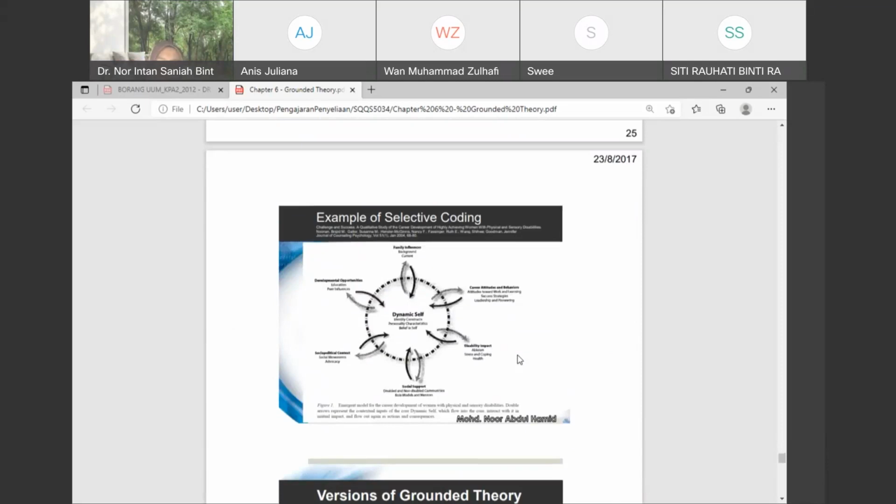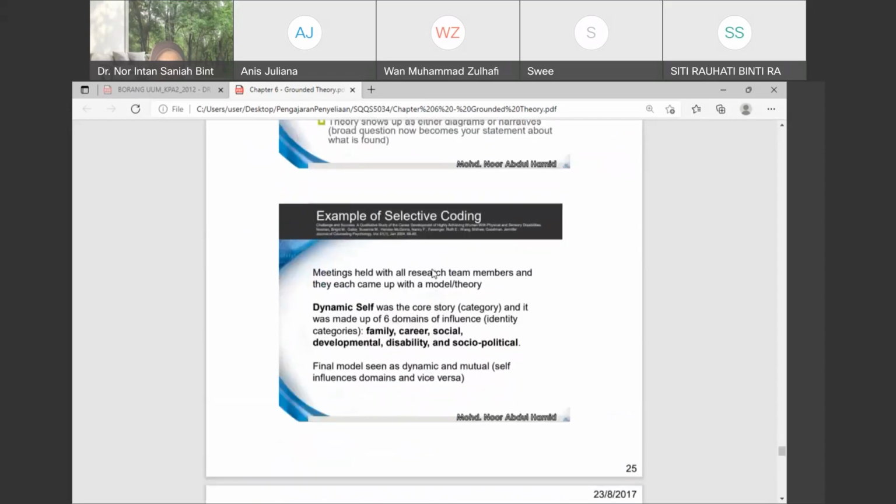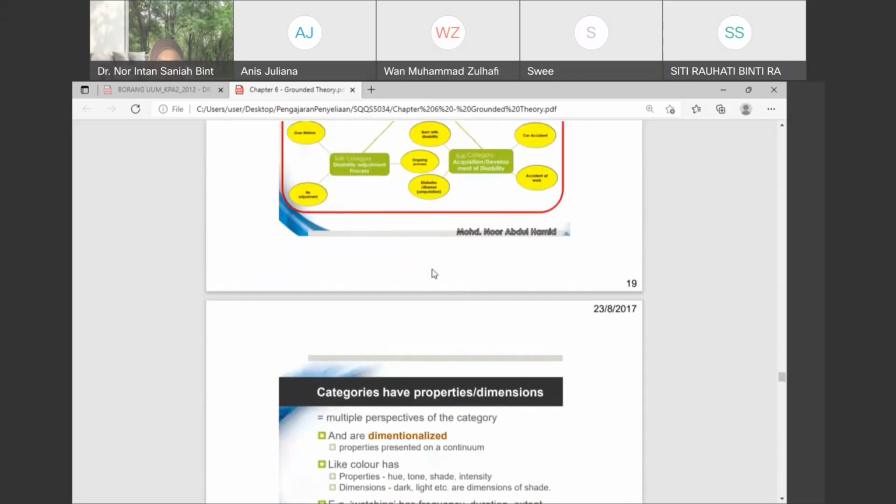Selalunya dalam 5 to 7. So for example here 6 ni pun memerlukan long term jugalah, right? Sebab every kategori ni dia ada domain dia kan.